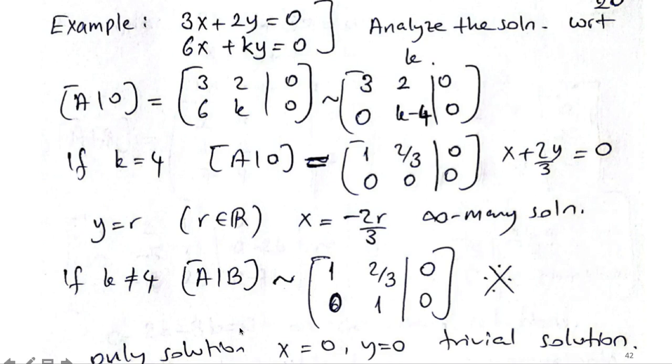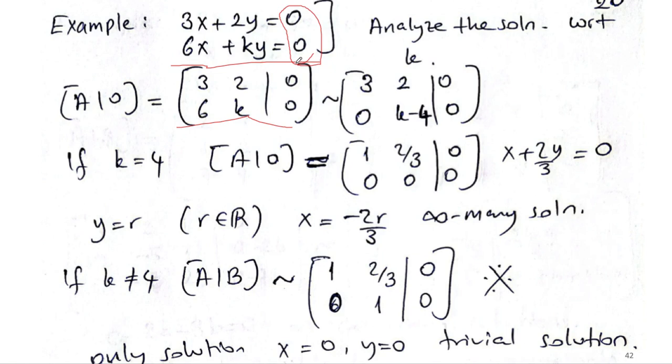Another example. Here we have 2 equations and 2 unknowns, and we want to analyze the solution with respect to different values of k. And as usual, we start by writing the coefficients. But pay attention that this time, for this example, the right-hand side values are all equal to 0.